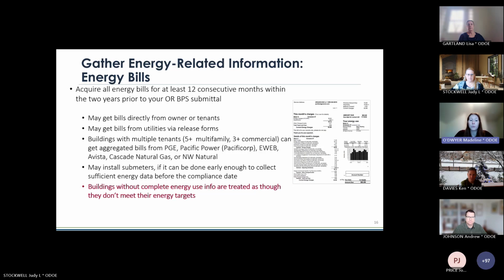This is for buildings with at least 3 tenants in a commercial space or 5 tenants in a residential space. If you don't have data, unfortunately, we have to treat your building as if it doesn't meet its energy target at all, and then your building will have to go through the investment criteria. Let's go to the next slide.